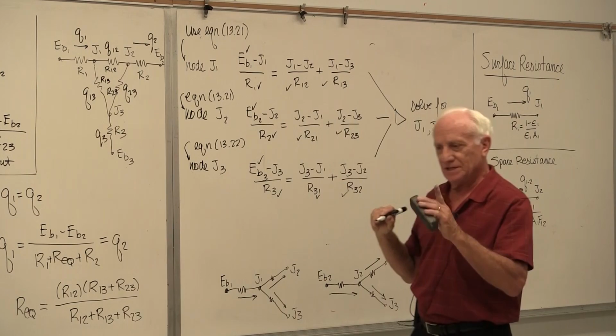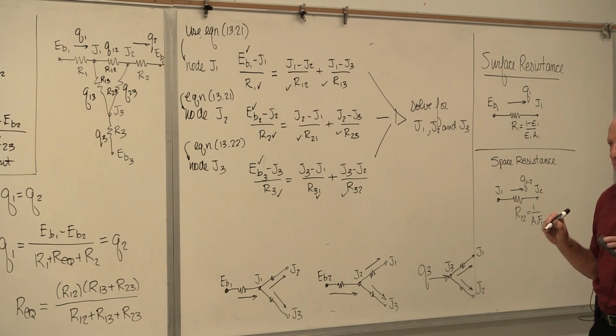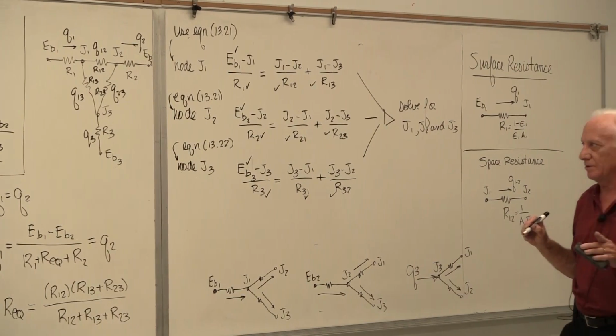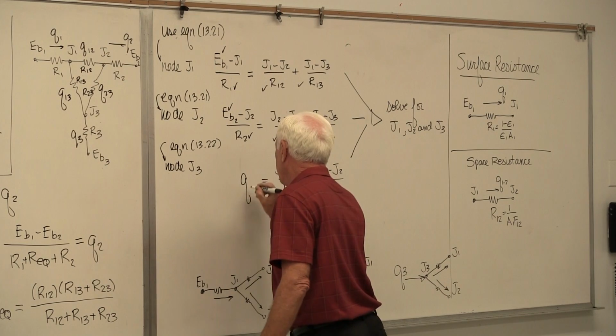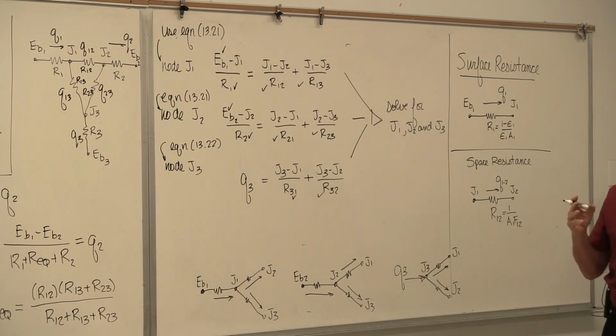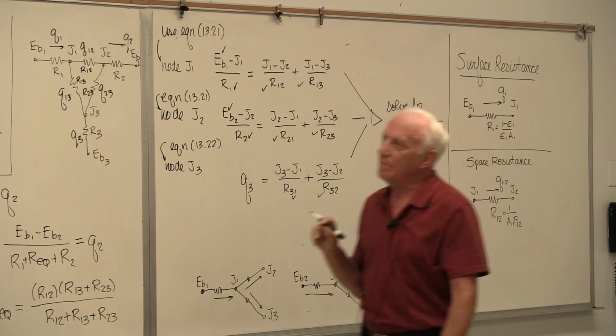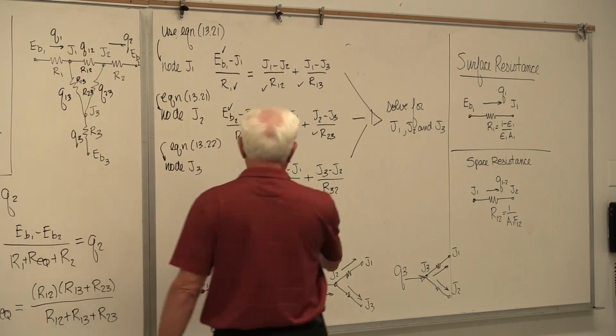Why? Because it says in the book that if the node has a specified heat flux, then use equation 13.22. You don't use this anymore, you do this. If a node has a specified heat flux or heat transfer, then that's the equation you want to use. What did our problem say? Our problem said surface 3 is adiabatic, which means Q3 is 0. So now we put the 0 over here.